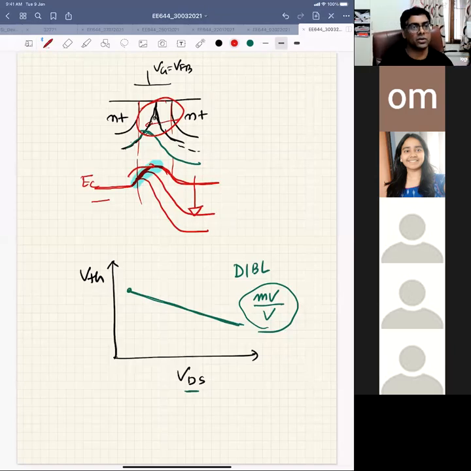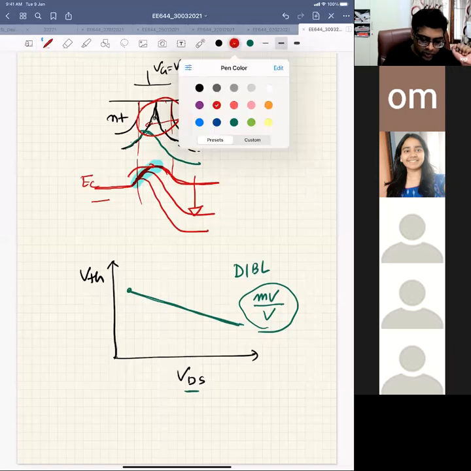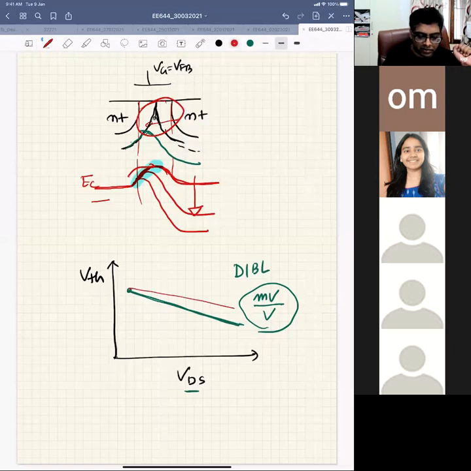In this way the DIBL could be reduced, meaning the slope could be reduced. So maybe your VTH will be like this: your threshold voltage is not falling very fast with VDS, it is falling slowly. This can be done by increasing the doping of the body or increasing halo.